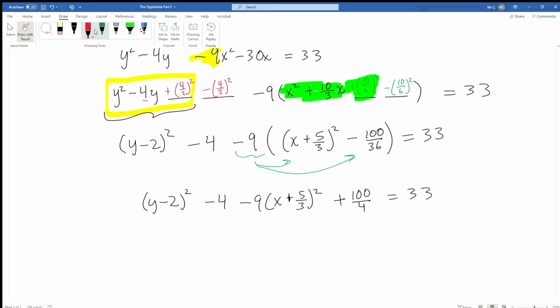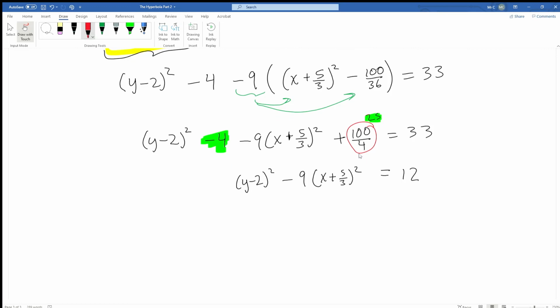Well, 100 over 4 is 25. So this is really -4 plus 25, that's 21, and then I need to subtract it from the other side. So 33 minus 21 is going to give us 12. And on the left-hand side, we're left with y minus 2 squared minus 9 times x plus 5/3 squared.